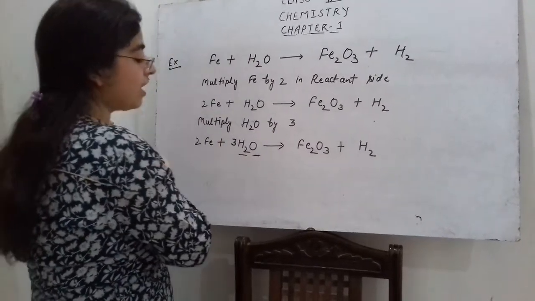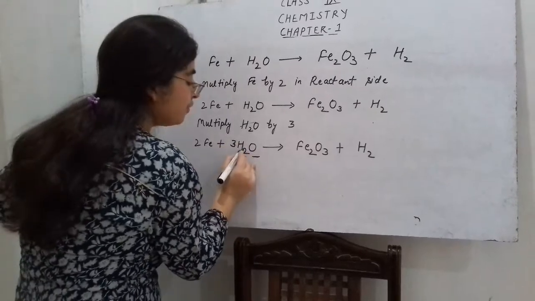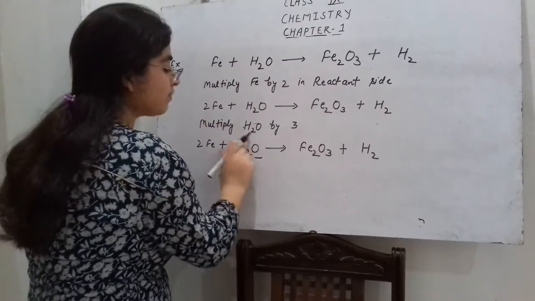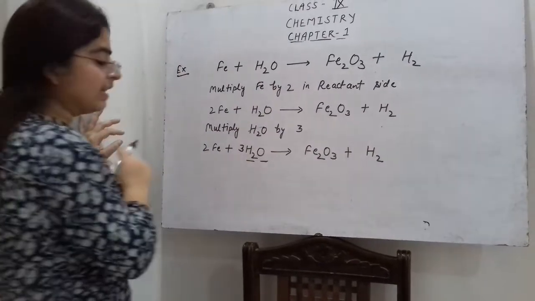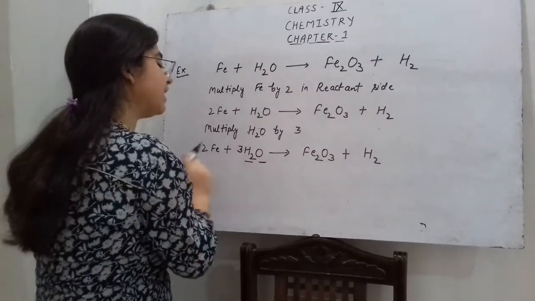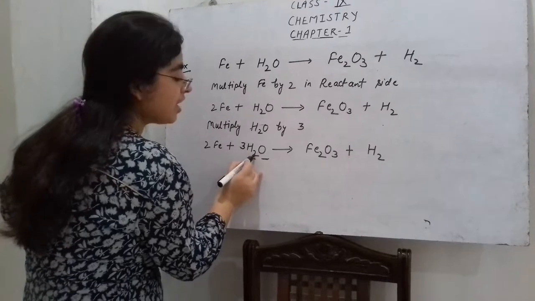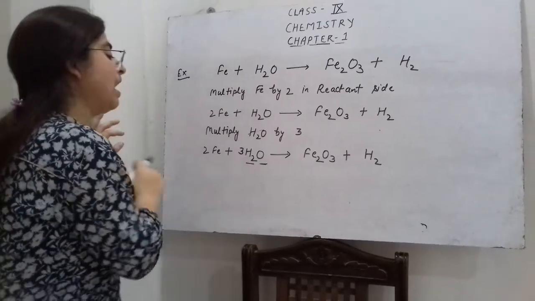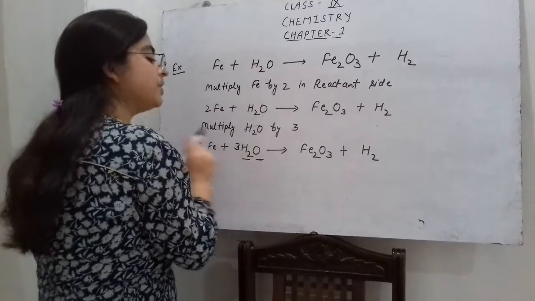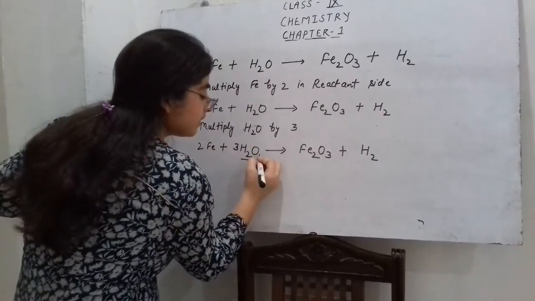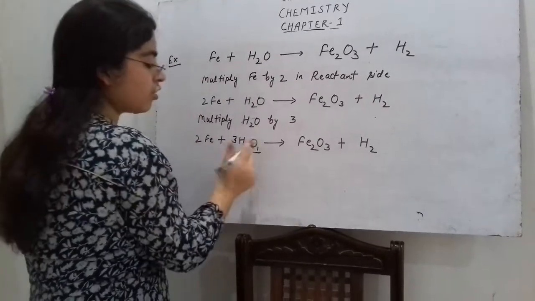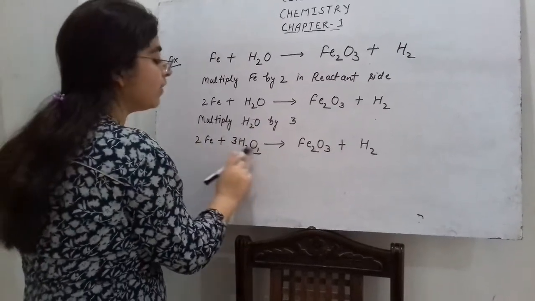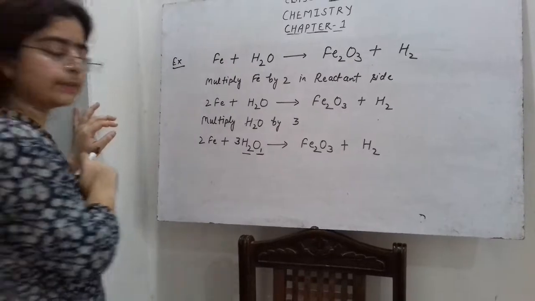Atoms of hydrogen, 2 were there, and now when this molecule is multiplied by 3, then the number of hydrogen atoms became 3 2s are 6. That is 6 hydrogen atoms are there, and the number of oxygen atoms are 3 into 1, because nothing is written here, it means that 1 is there. So 3 into 1, 3 oxygen atoms are there.